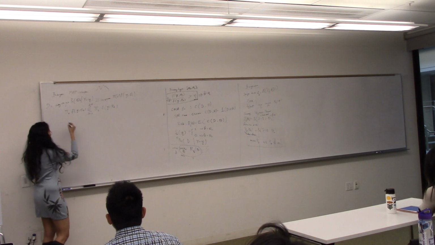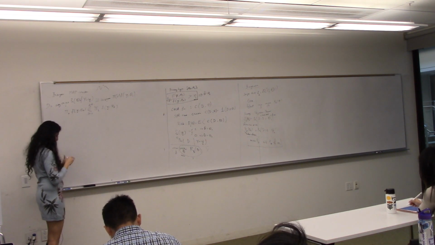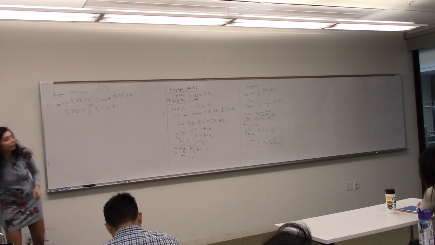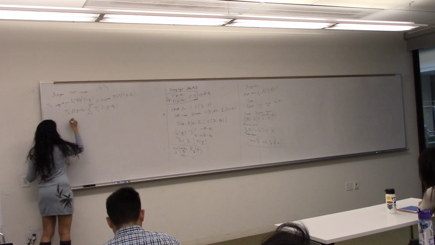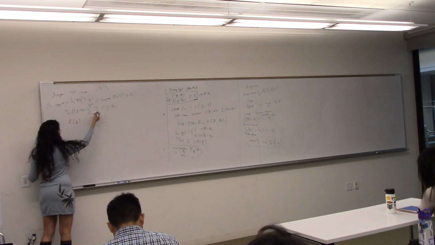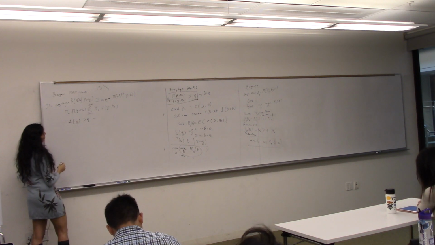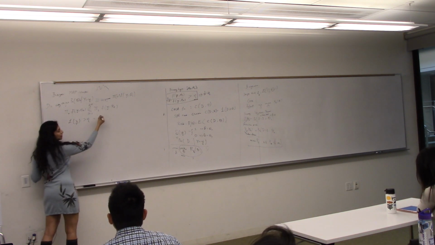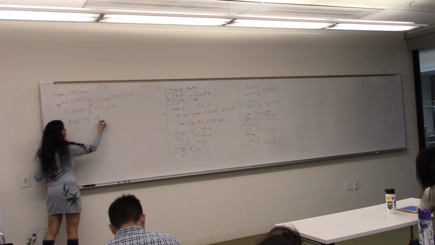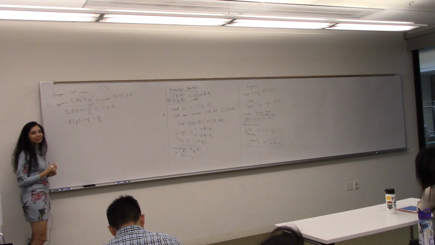Right? So the likelihood ratio, the threshold here is nothing but what? Pi naught by pi 1, right? So the ratio of the 2 priors.